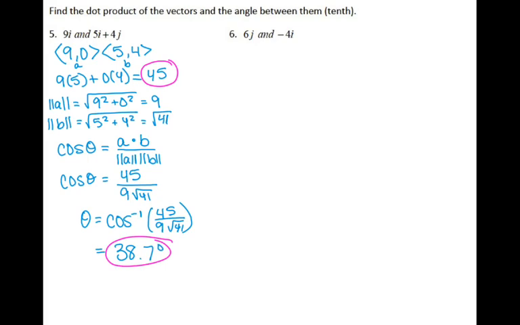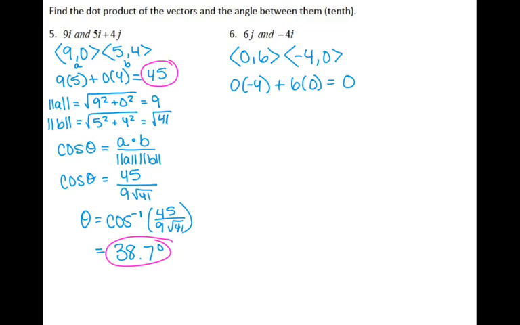All right, number 6. So 6 has the j but doesn't have an i, so i always comes first, so that's 0, 6. And then this one has the i but no j, so negative 4, 0. I'm going to find the dot product again. So I have 0 times negative 4 plus 6 times 0, which gives me 0. And then to find the angle in between, you can do a couple things.